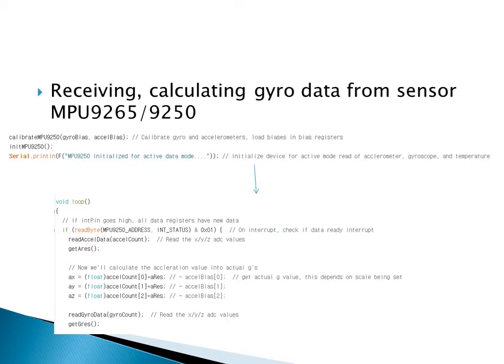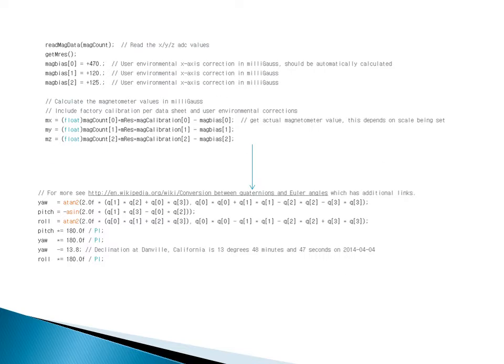accelerator data, gyro data, and magnitude data to calculate the overall yaw, pitch, roll. As you can see, continued from the previous slide, the magnitude, accelerator data, and the gyro data are being calculated, and sent to the Quaternion value, which is the library that I used to calculate the yaw, pitch, roll.